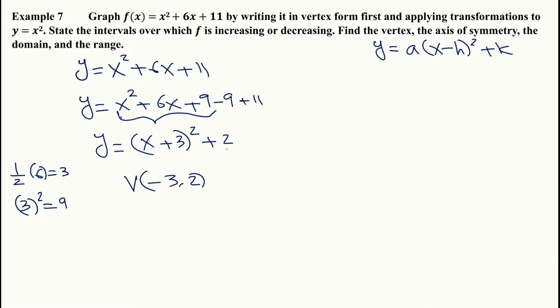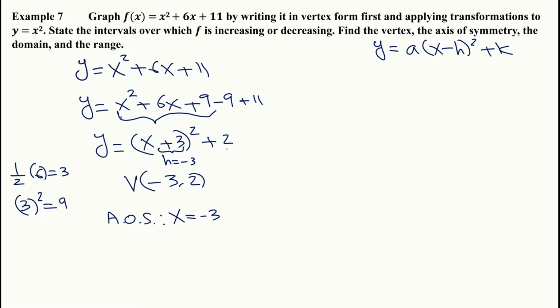The axis of symmetry, don't forget, if it's plus 3 here, that means h is actually what? Negative 3. So the axis of symmetry is going to have equation x equals negative 3.